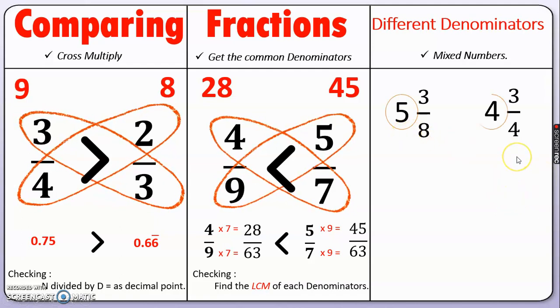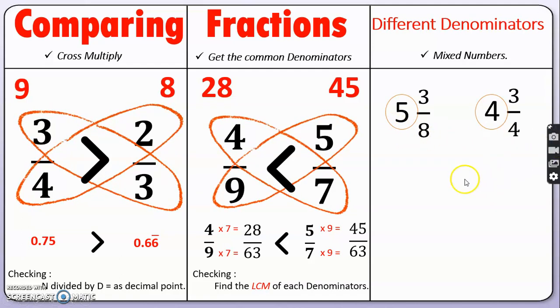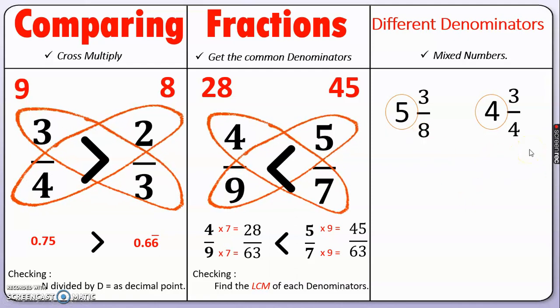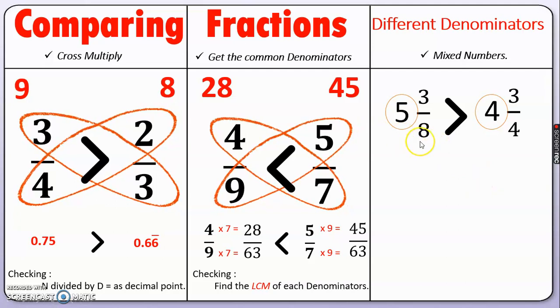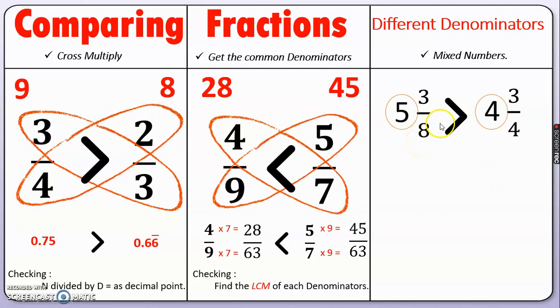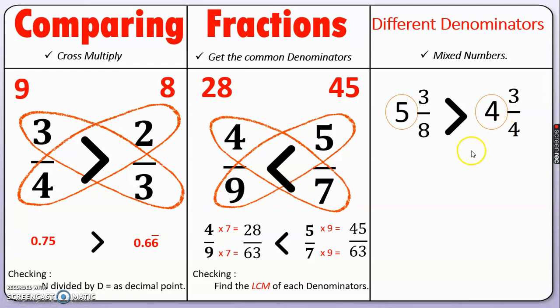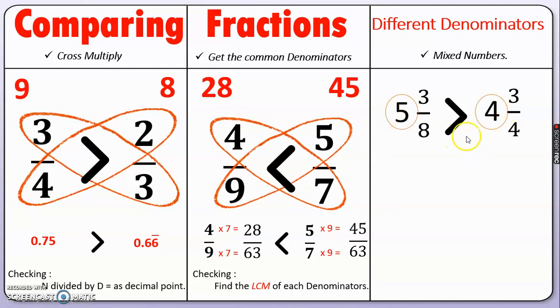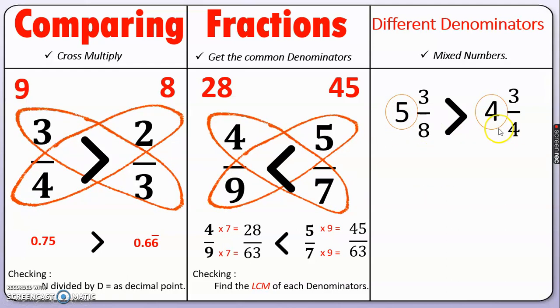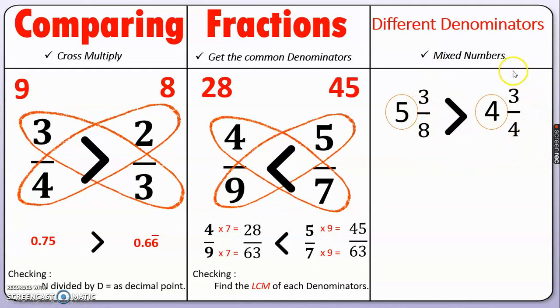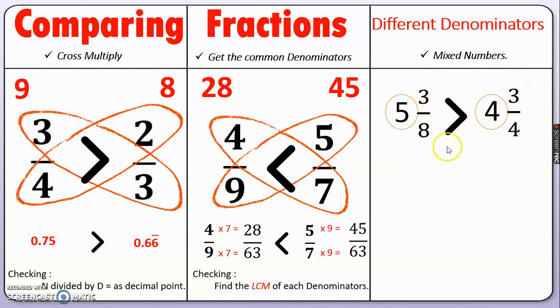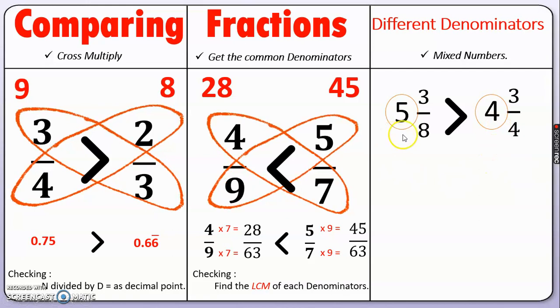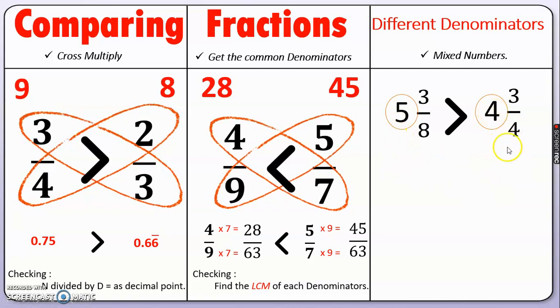You can see the whole number. Which is greater, 5 or 4? 5. Very good. That's very easy and simplest. When you see a mixed number compared to a mixed number, all you have to do is to see the whole number, and never mind the proper fraction, because we can only base it on the whole numbers, okay?